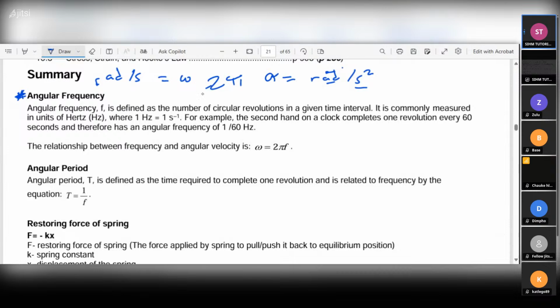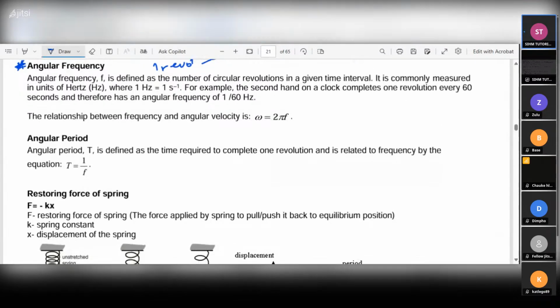As you know, 2 pi is one revolution. Sometimes they say rev per minute, in some other way.